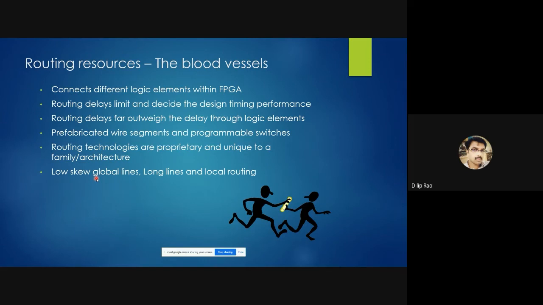Neighboring CLBs are interconnected through local routing. We don't need very high speed routing there, because they are sitting very close to each other. However, if you want to transport a signal from one end of the device to another, you go for high speed long lines which do not take too many diversions.